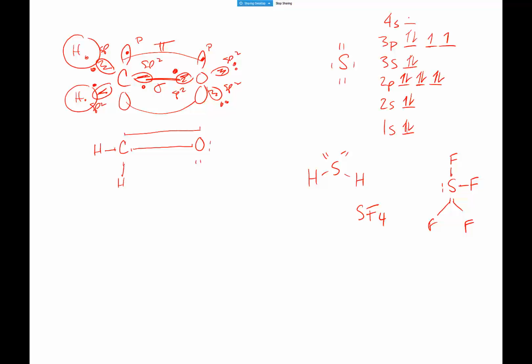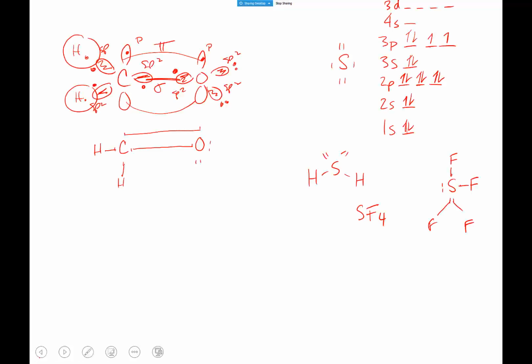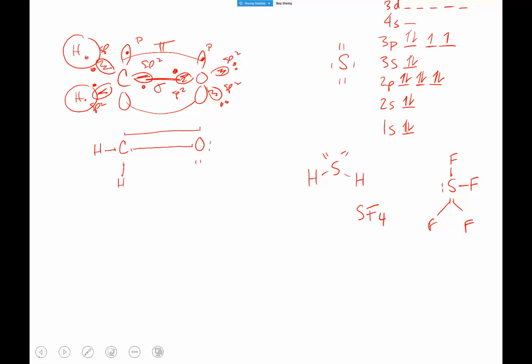Yes. There are 5 of those. But if I pay a little bit of energy cost here to kick this electron up to the 3d, I'm going to get it back and more when I hybridize.